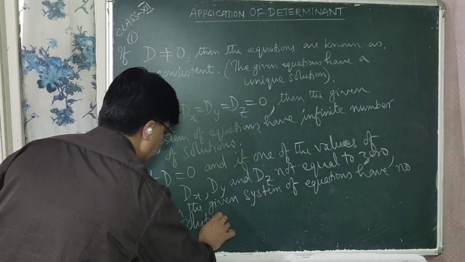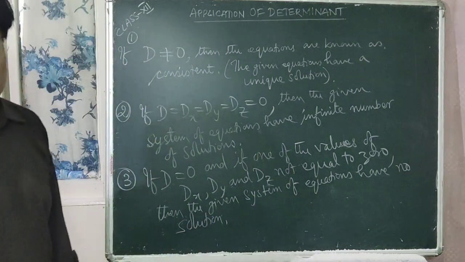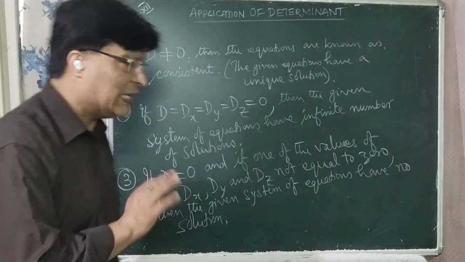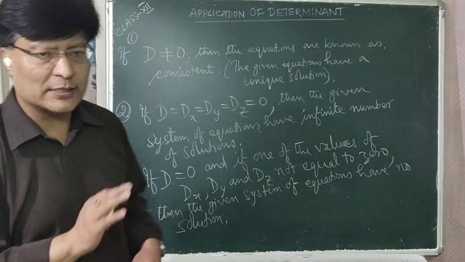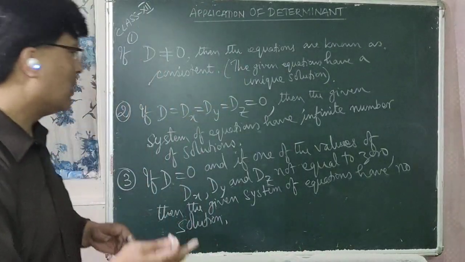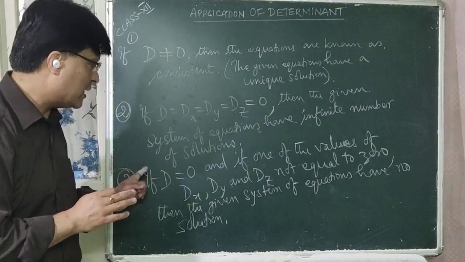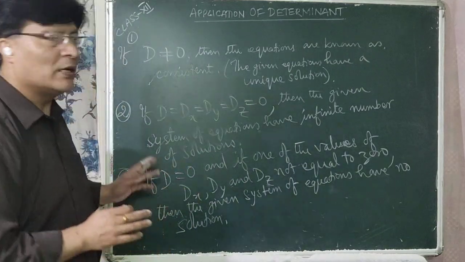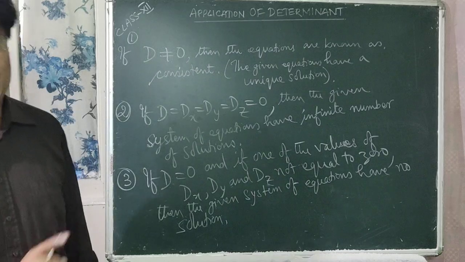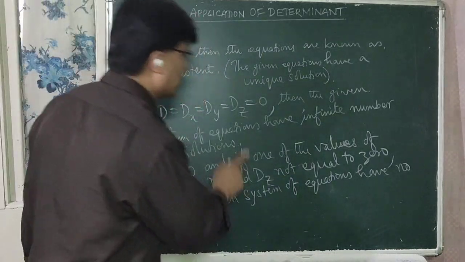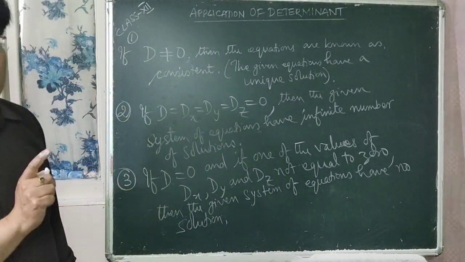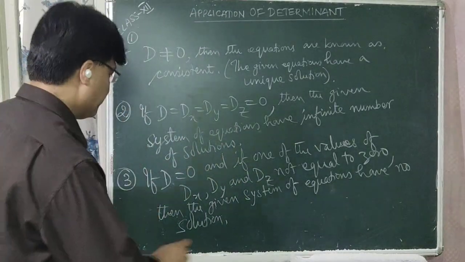Right? That is, if d is equal to 0 and if one of the values of dx, dy and dz is not equal to 0, then the given system of equations have no solution. So in that case, the given system of equations are known as inconsistent.